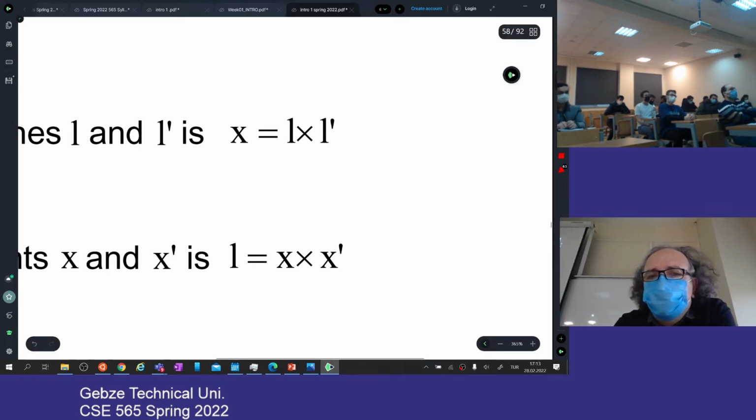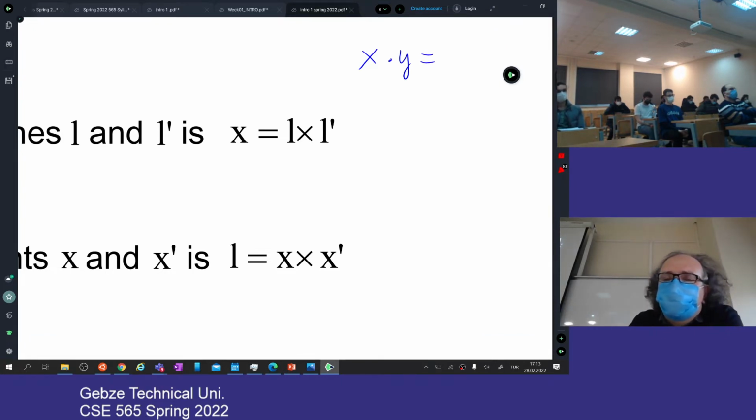One question for you: if I have two vectors, x is a three-dimensional vector and y is a three-dimensional vector, if I do the dot product of these two, what kind of thing do I get out of it? I would get a scalar, right?